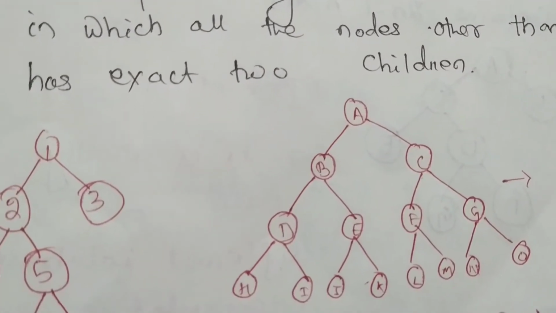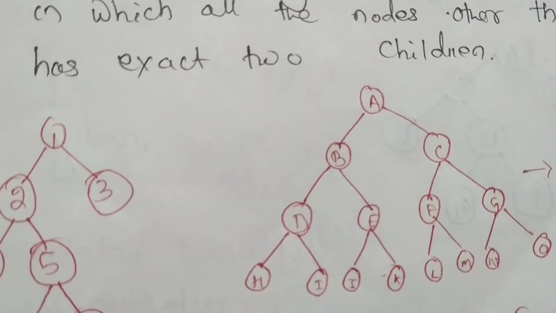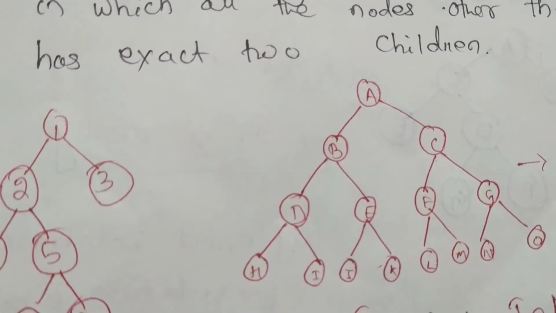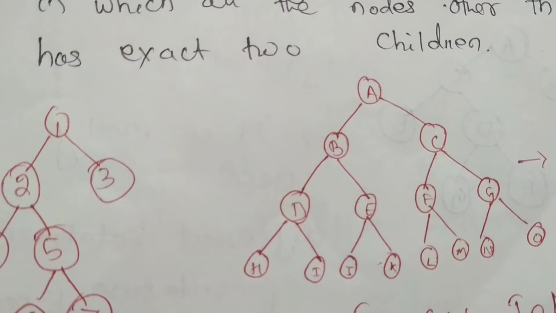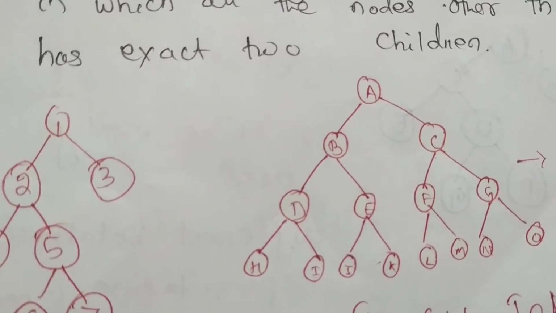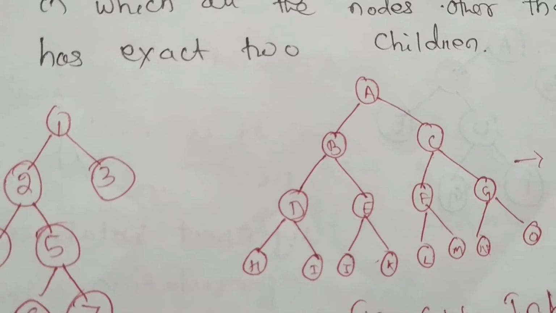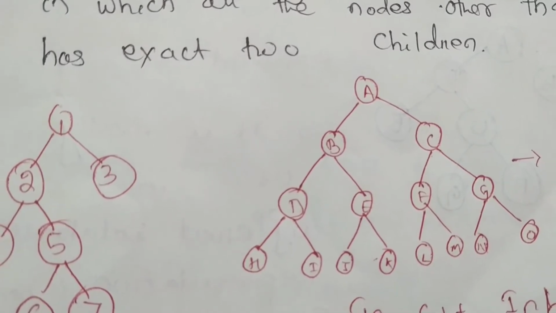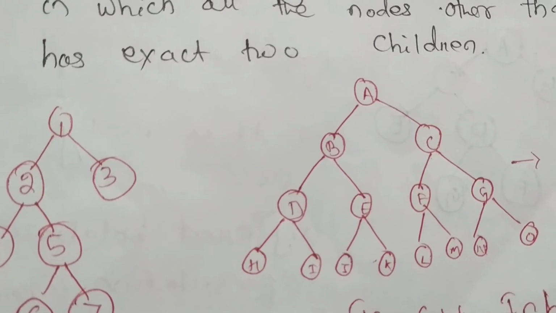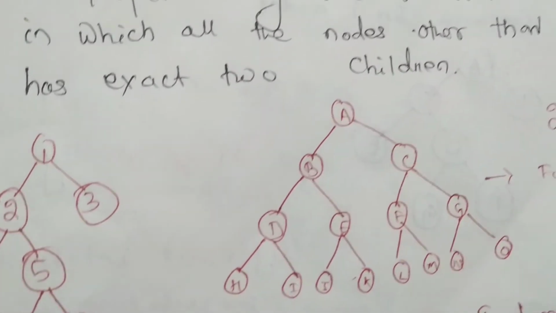Here in this diagram, 1 is the root node, and 2, 3, 4, 5, 6, 7 are also nodes. But what are the leaf nodes? 4 is a leaf node because it has no child. 6, 7, 3 are also leaf nodes, also called terminal nodes. And 5, 2, 1 are non-terminal nodes because they have children.